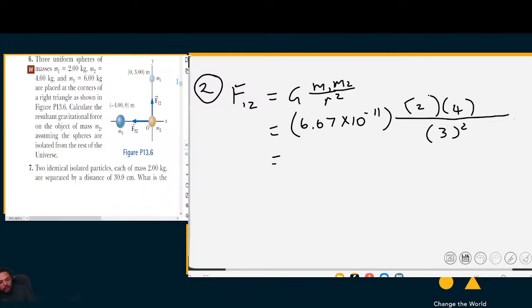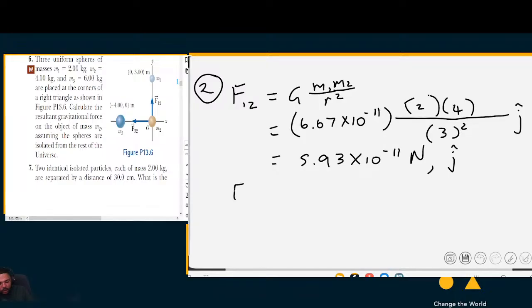And of course, if you want to, you can write it in the j hat direction, upwards, positive j hat. So if you work this out, you get 5.93 times 10 to the negative 11 newtons in the j hat direction, so positive j hat upwards.